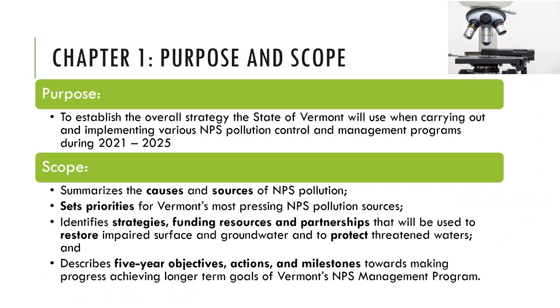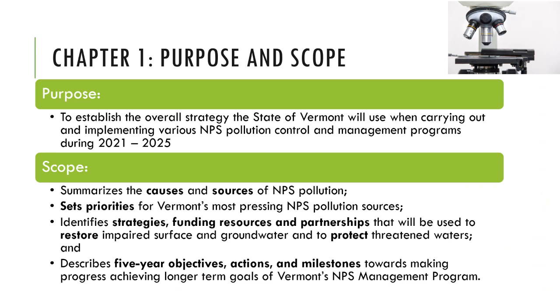It actually covers federal fiscal year 2021 to 2025. Federal fiscal year 2021 just started on October 1st of 21, which is the start of the scope of this plan.